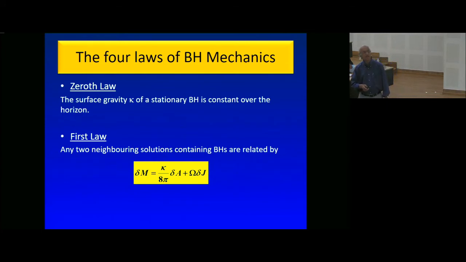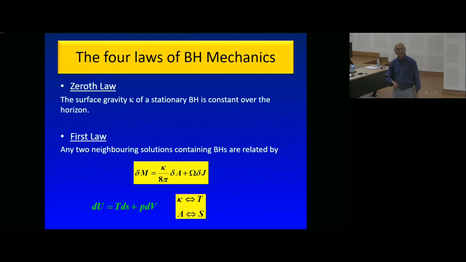Now you'll remember the wording of the 0th law of thermodynamics. If a body is in thermodynamic equilibrium, the temperature must be same everywhere in the body. You will also remember the first law of thermodynamics, which says dU is equal to TdS plus PdV. And this rings a bell, doesn't it?